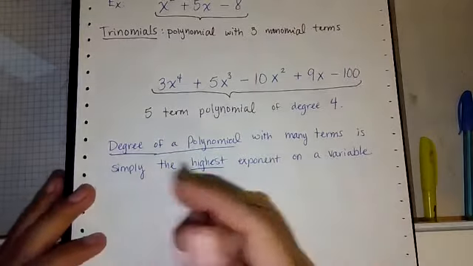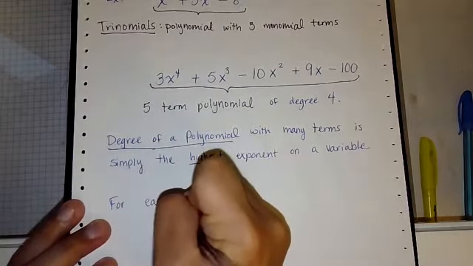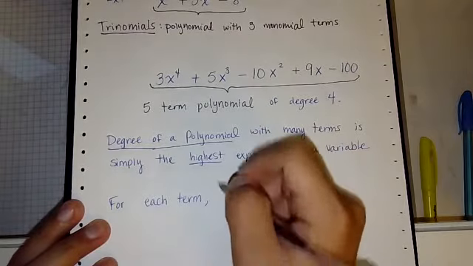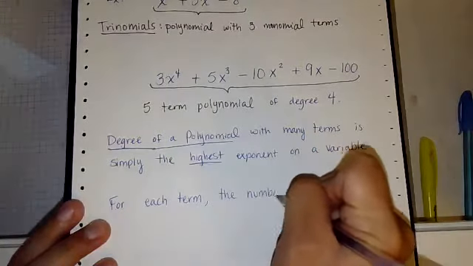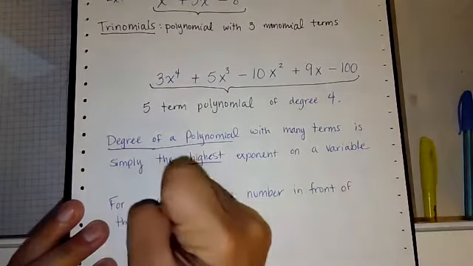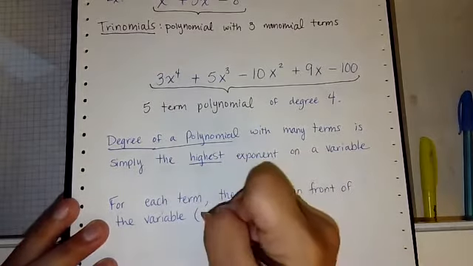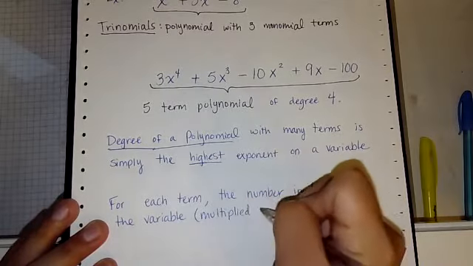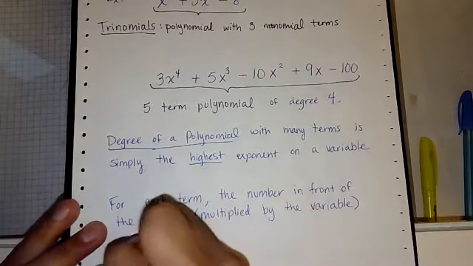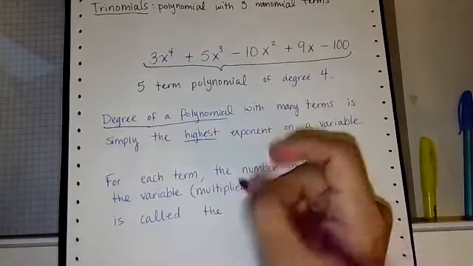And then another bit of terminology is that for each term, the number in front of the variable, which is being multiplied by the variable, is called the coefficient.